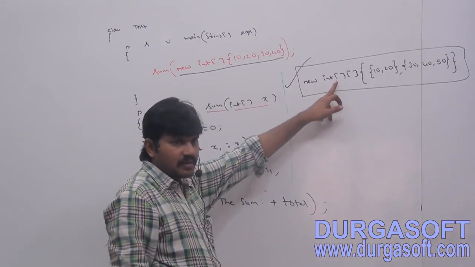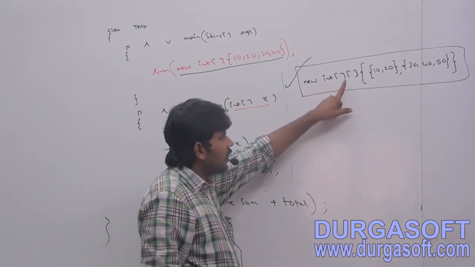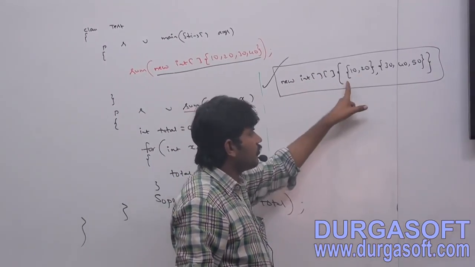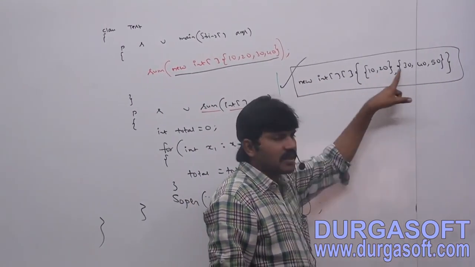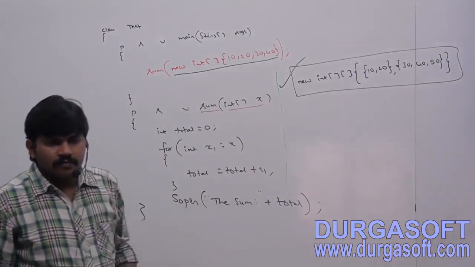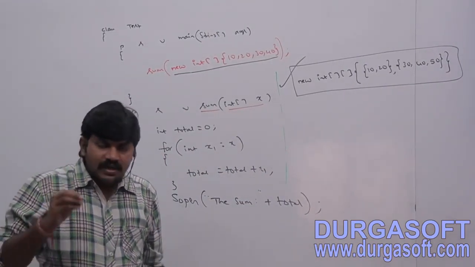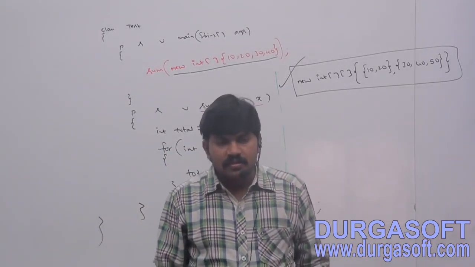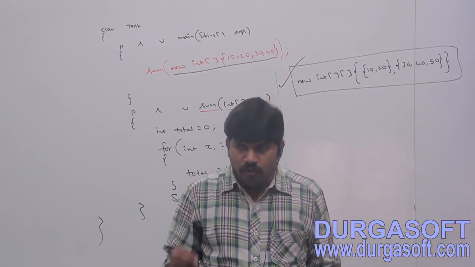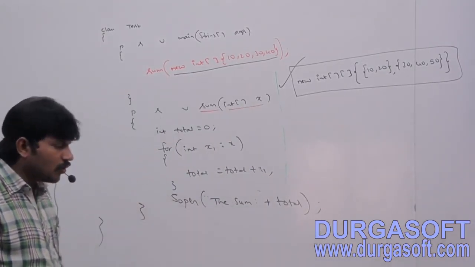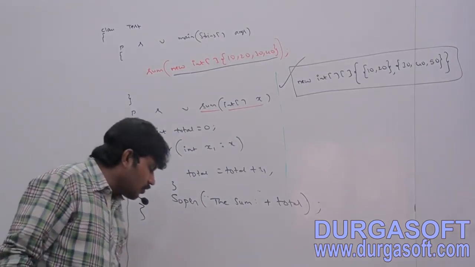Is it valid or not? Yes. Sir, what is the dimension of this array? 2 dimension. Here it is 1 dimension, where each element is another 1-dimensional array. Same. We can create multi-dimensional anonymous arrays also.